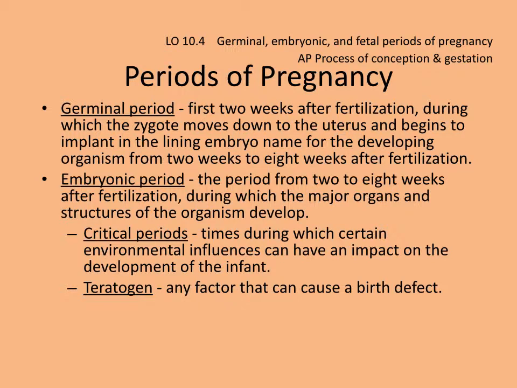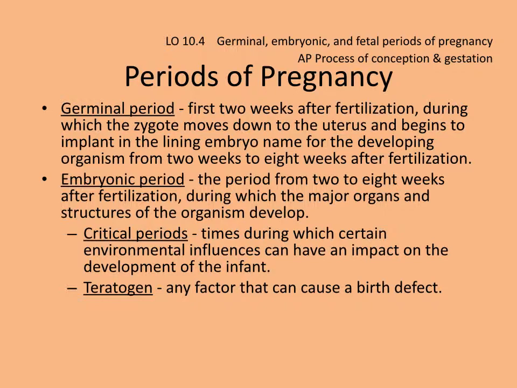You're going to see a big amount of growth. During this time period, you're going to have critical periods, which are times when certain environmental influences have an impact on the development. Now, there is not a good time to drink during pregnancy, believe me, I'm not saying that. But drinking during the embryonic period is very, very severe.